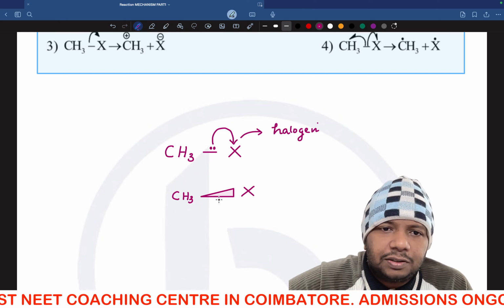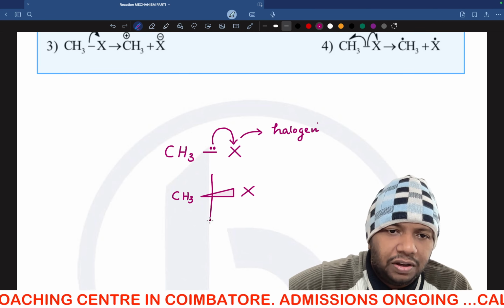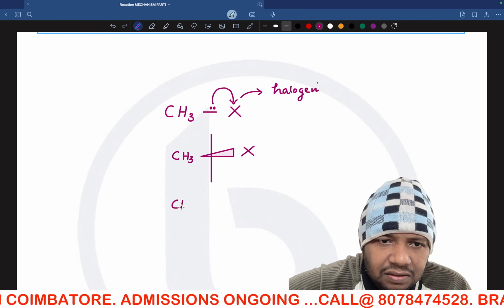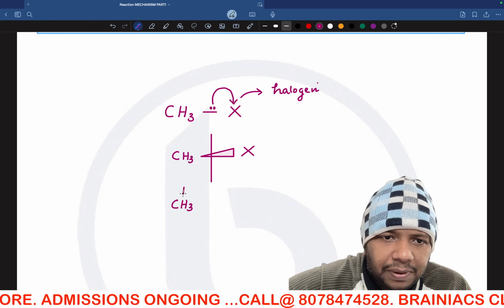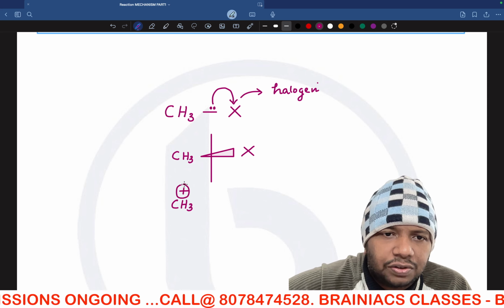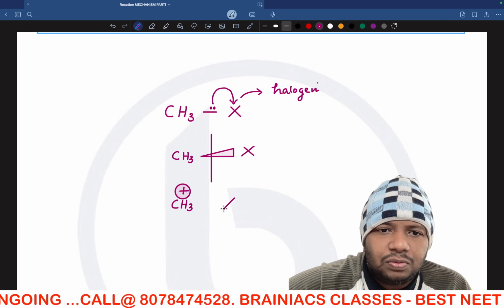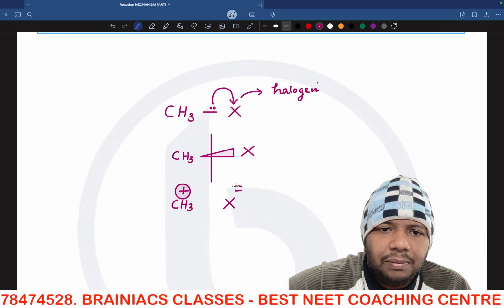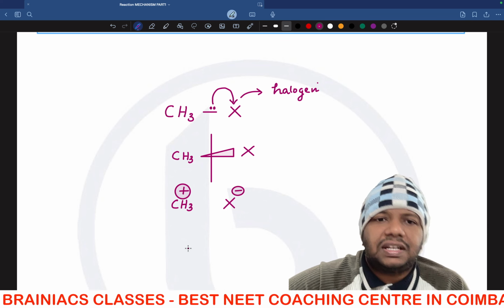Now the bond strength is non-uniform like this. So when the bond is breaking, what will happen? I can say this would become CH3 plus, because the electron shifted towards the halogen, and this would become X minus. Correct?